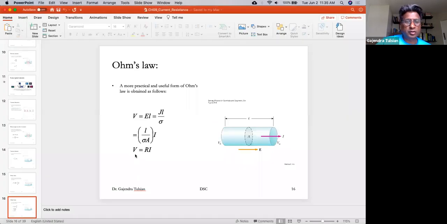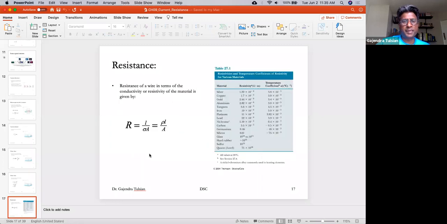All right, so here's Ohm's law. Ohm's law says that the voltage across a resistor is its resistance times the current flowing through it. So there is the resistance of a wire, and it depends on the resistivity, length of the wire, and area of cross section. Resistivity and conductivity are inversely related.